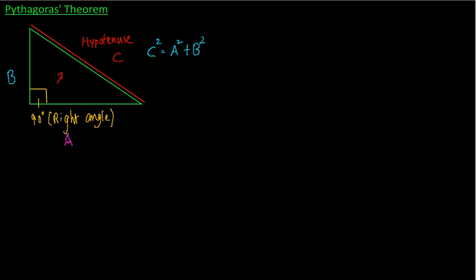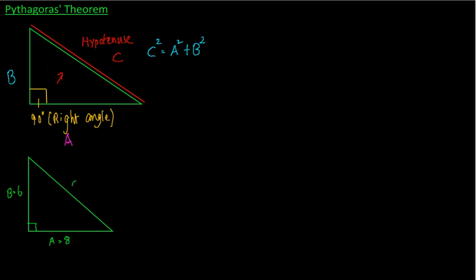We can draw another triangle. So this is a right angle triangle here. So I'm going to mark this 90 degrees. I'm going to mention one side as A, which is equal to 8, and this side I am going to mention as B, which is equal to 6.